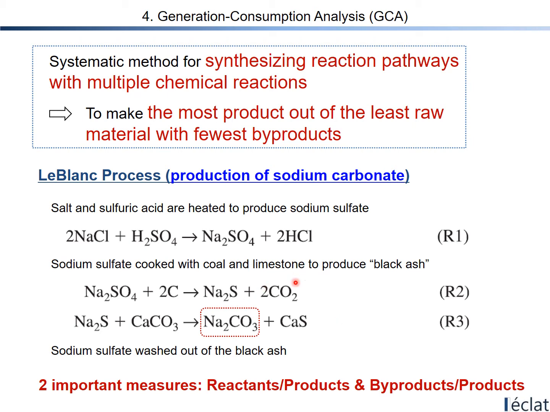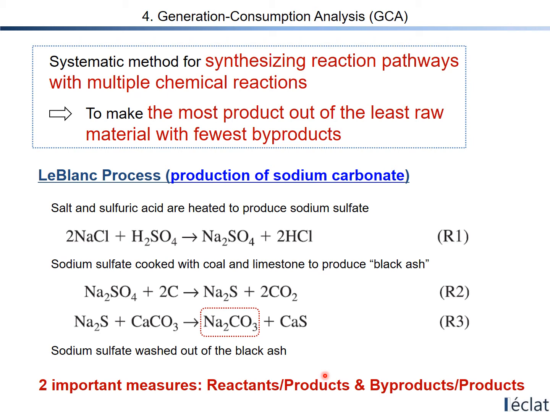So we'll use two measures, which is a very important thing. The ratio of reactant to product. If you could decrease this value, then your process is considered to be better.